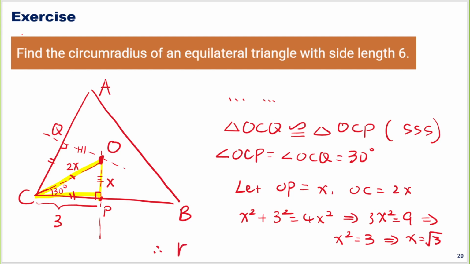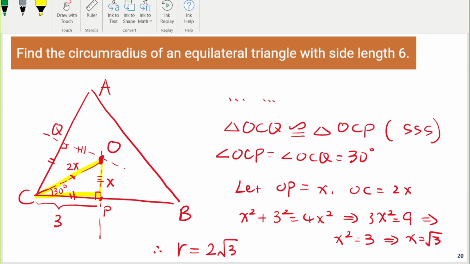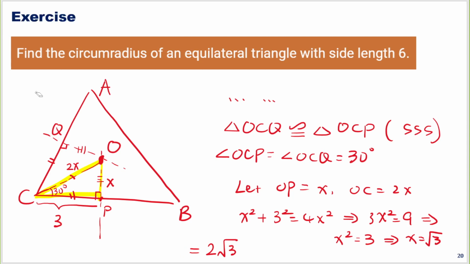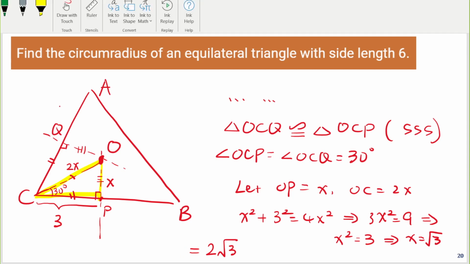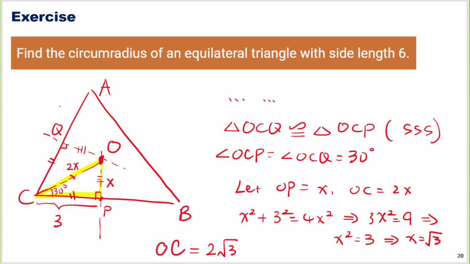Therefore, the radius of the circumcircle, which means circumradius, is 2x, which means 2 square root 3, right? Okay, because we don't have the letter R here, let's just say circumradius OC equals 2 square root 3. You get it?